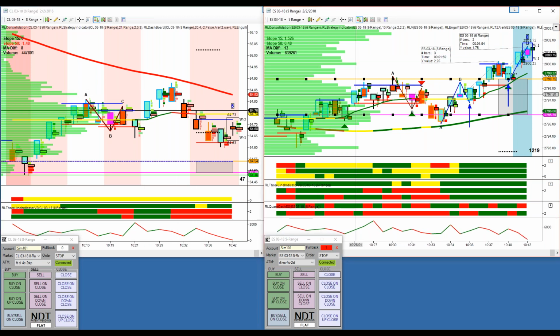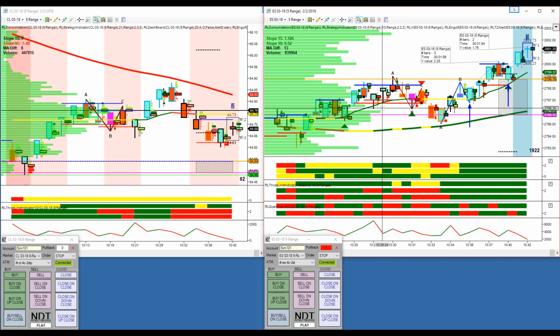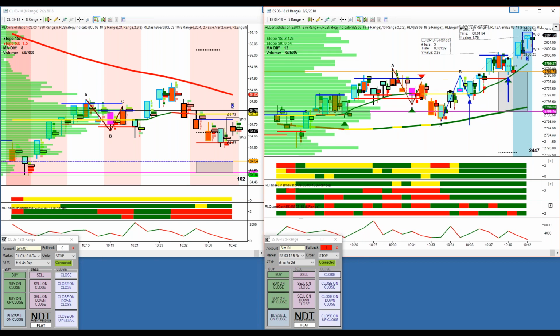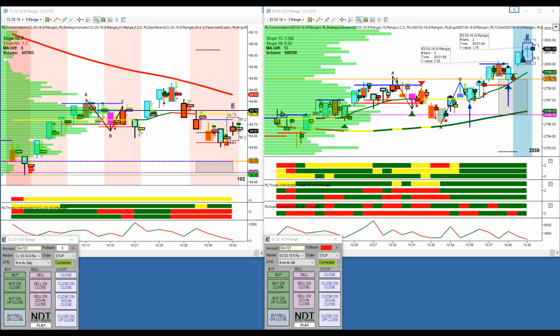Now we're up 175. Despite the fact that we had all of this headwind, no pullback on a huge move, we lost a trade by 1 tick. We're still gonna make money today.